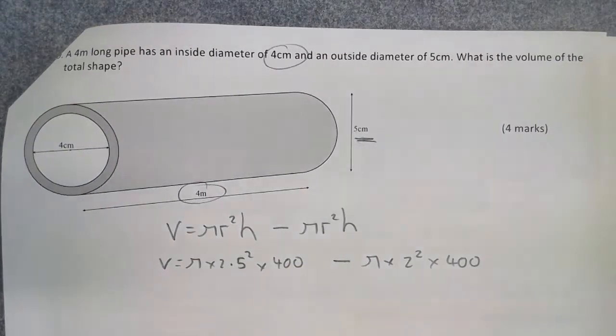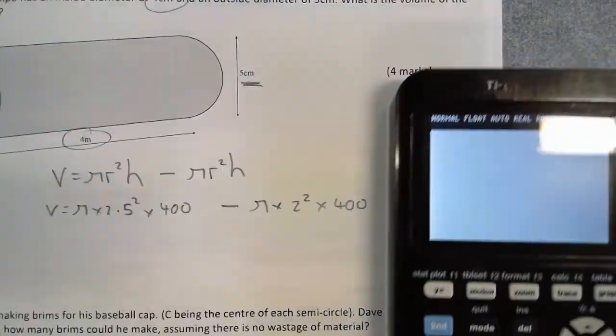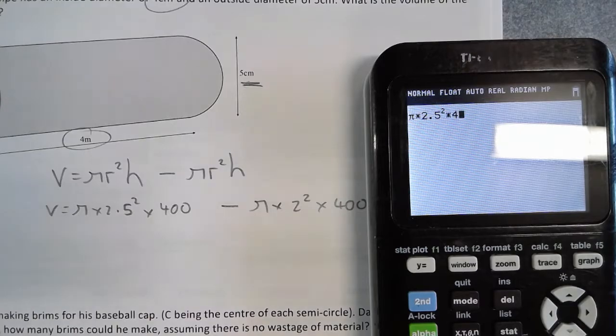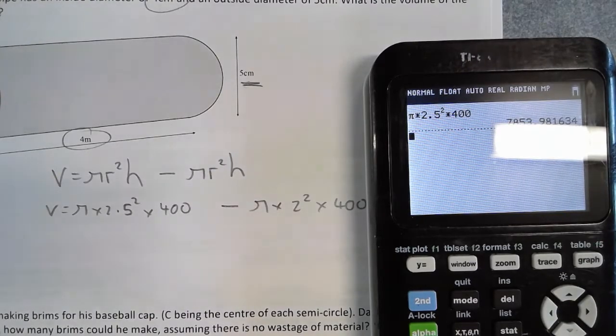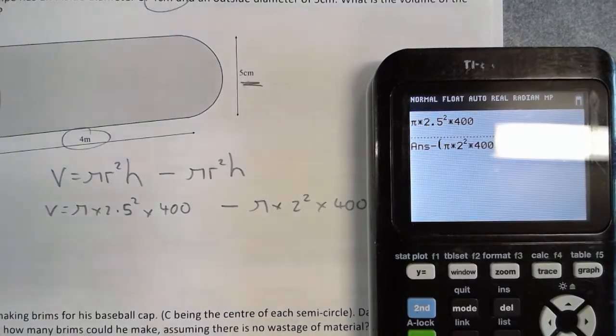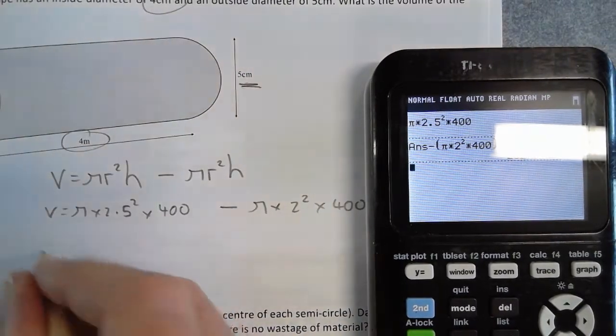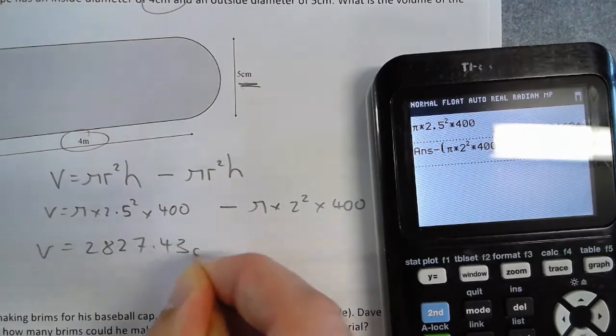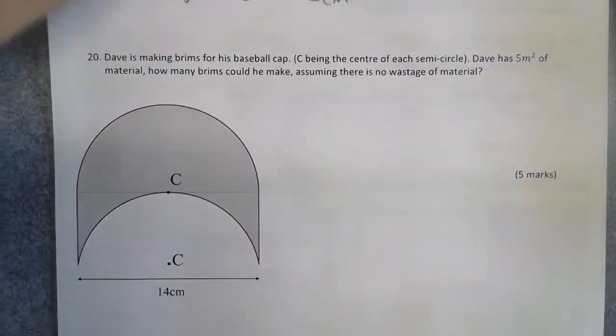I then put in the measurements, and type that into my calculator exactly like it is. So there's the big cylinder, and I'm minusing the small cylinder. I'll put it in brackets to make sure we're taking away all of it. Therefore our volume is 2827.43 cubic centimetres.